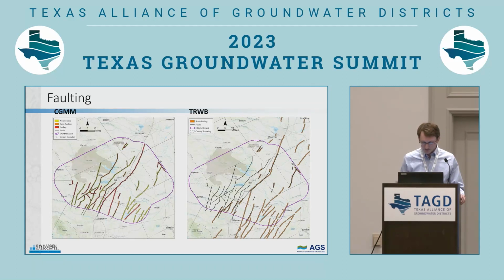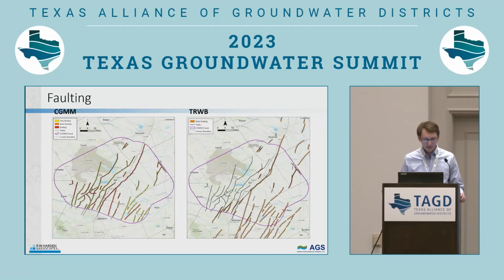These are represented as black lines on the map, and they're kind of hard to see because they have the HFB cells underneath them, but on the Trinity Woodbine, you'll see in the western portion of the county all those black lines. Those were delineated during the study, and we included all of those. Then to get all the faults outside of that study zone, we took what was already conducted in the Trinity Woodbine so that we could include as much as we could.